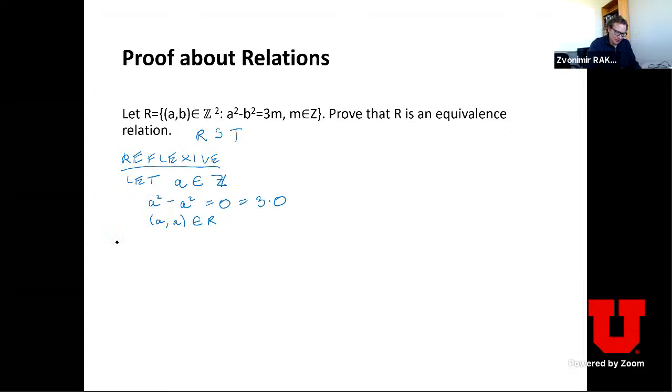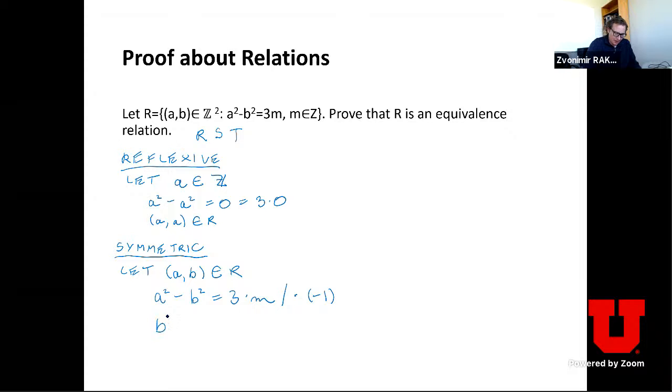Then symmetric. So we just did it for the last one. So we have, let A comma B be an element of R. So then A squared minus B squared is equal to 3 times M. Multiply both sides by -1.